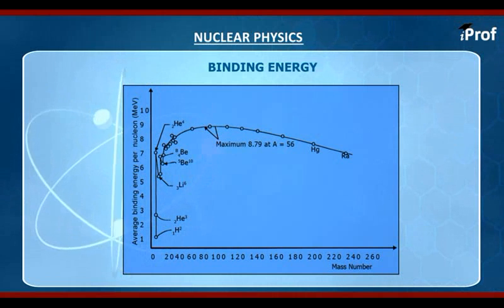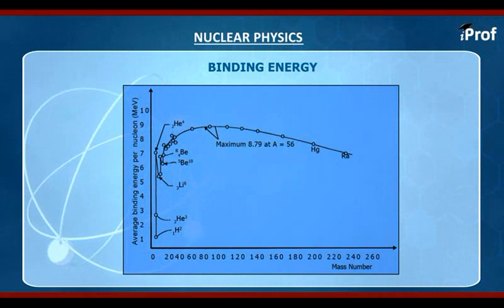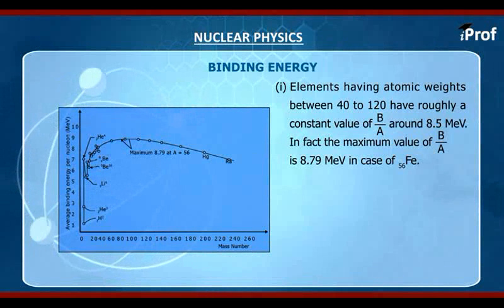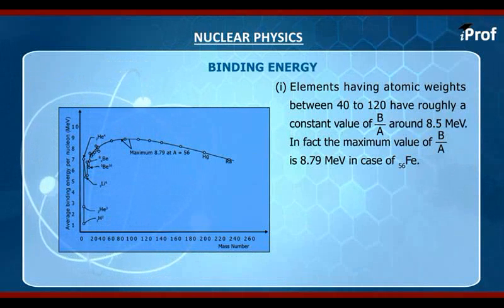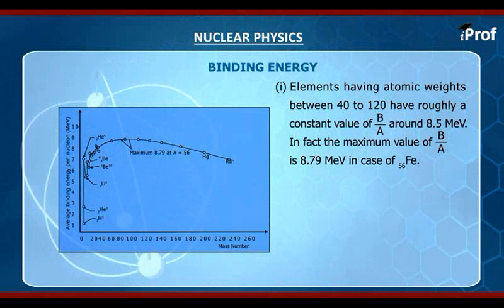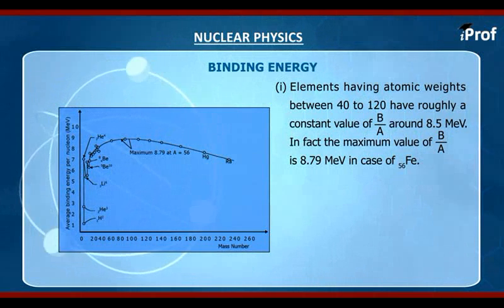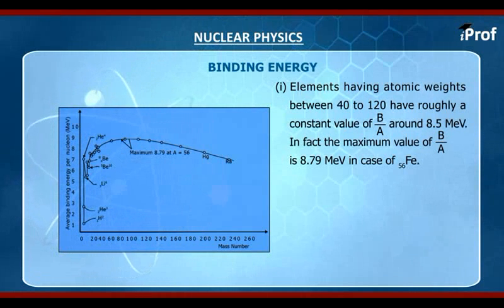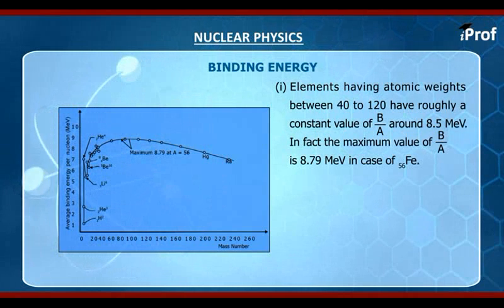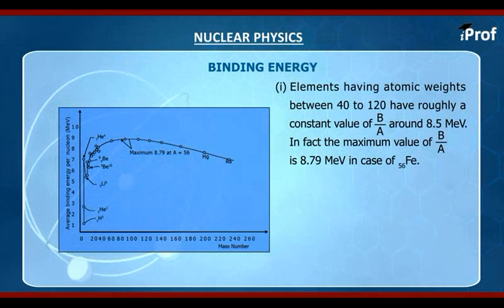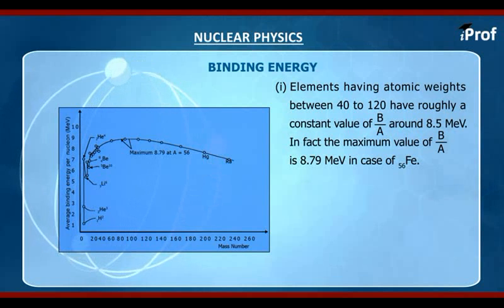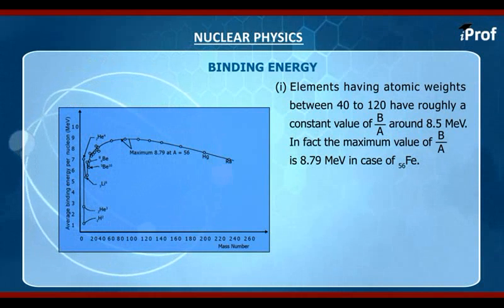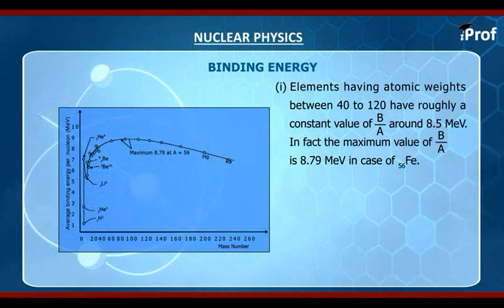Now if we just look at the graph, we find that the elements having atomic weights between 40 to 120 have roughly a constant value of binding energy per nucleon. Also we find that in the low mass number region, as the mass number is increasing, binding energy per nucleon is increasing. In between we find there are peaks, and these peaks are due to the pairing effect.